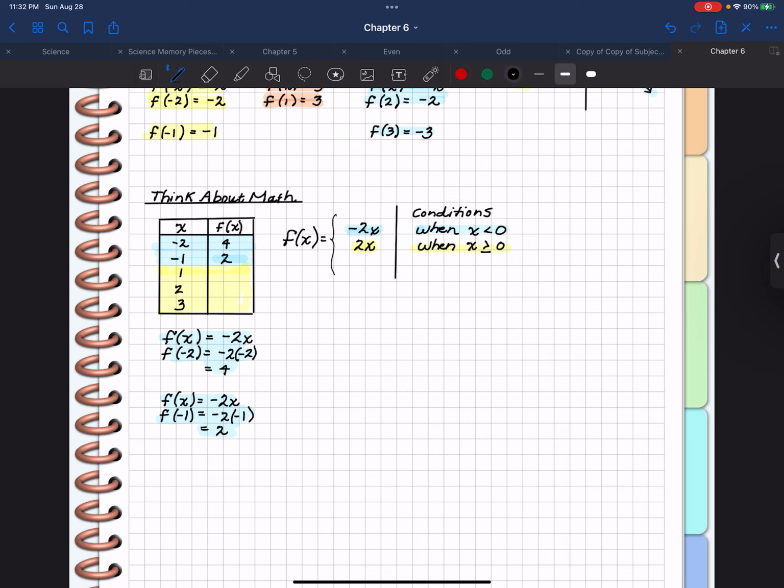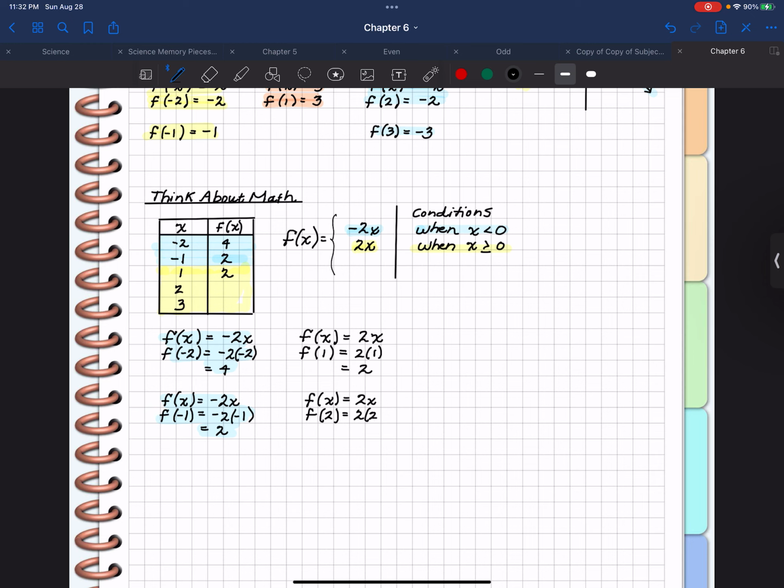And now I switch to the yellow function. So I have f of x equals 2x for these yellow pieces. So f of 1 is 2 times 1, or +2. Then f of x equals 2x, and x is 2 this time.